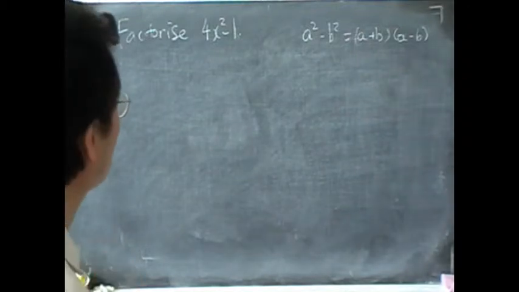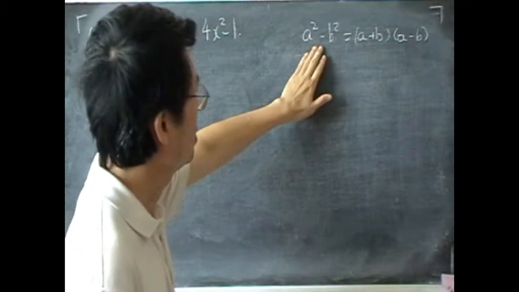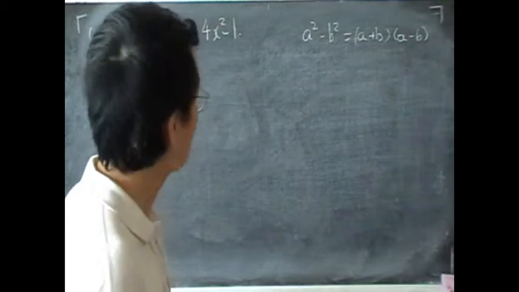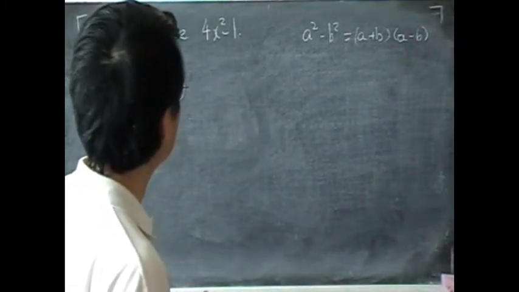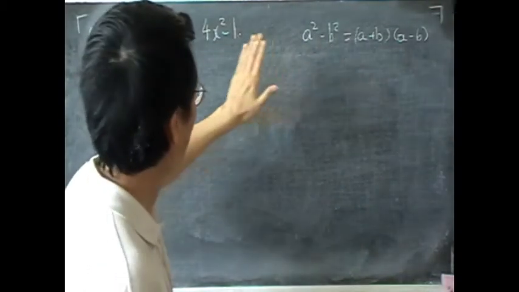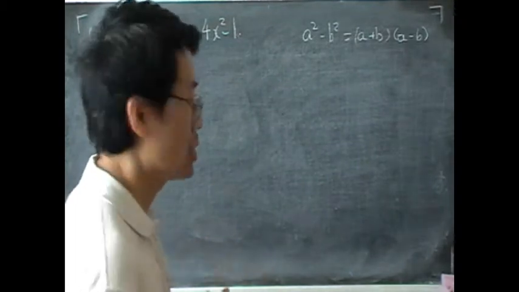So the first thing to do is to compare this formula. Compare the a squared minus b squared with this, and to look for the terms that are similar.